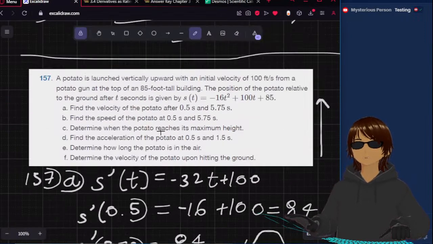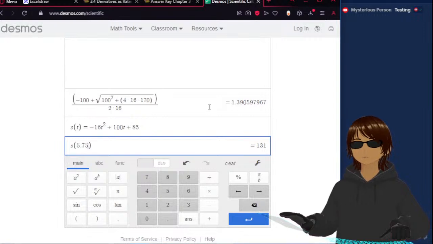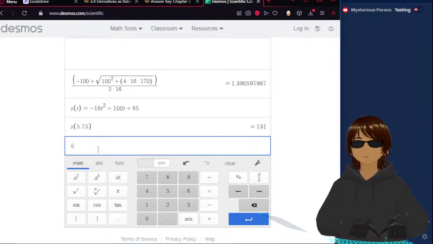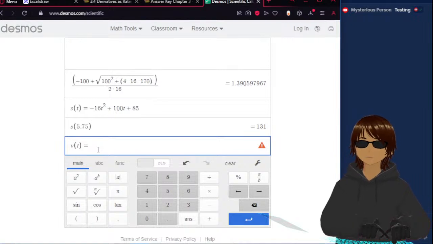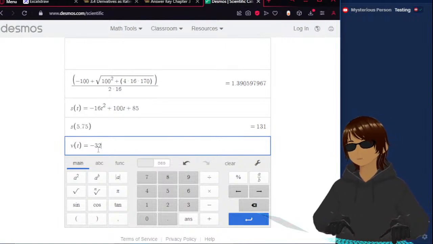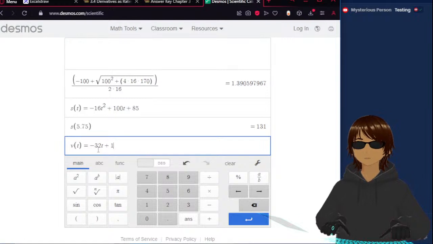What if it is correct? Let's do V of t. The derivative is minus 32t plus 100.